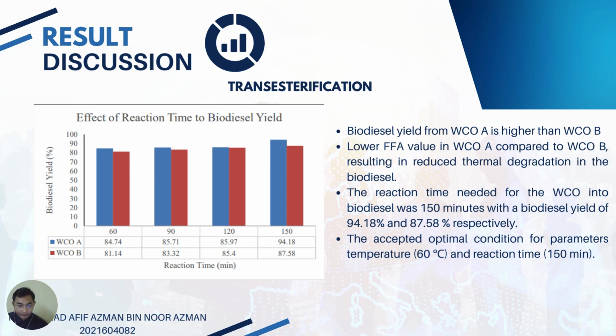Both WCO needed a long time to convert to biodiesel, as their FFA content and moisture content were high initially. Thus, it will affect the transformation reaction to progress and produce a high biodiesel yield.